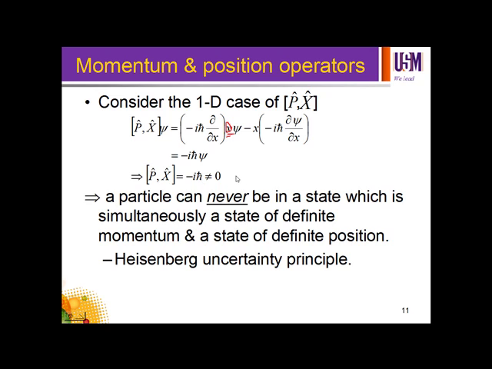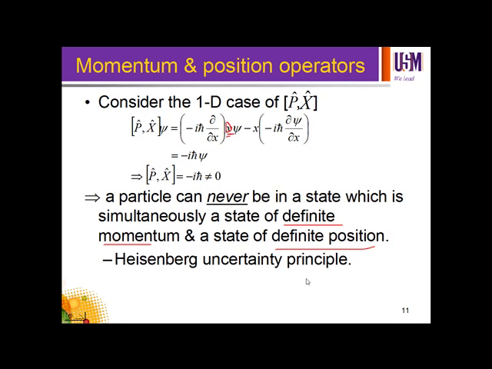That means it is not commutative. That means the momentum and position operators are not commutative. A particle can never be in a state which is simultaneously a state of definite momentum and a state of definite position. Cannot be simultaneously. So this is in accordance with the Heisenberg uncertainty principle.